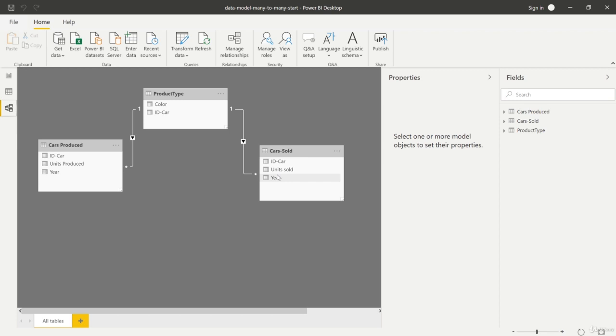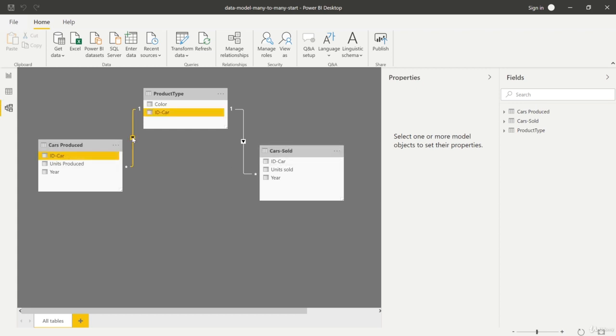And this worked perfectly because the fact table, as I call it here now, was able to retrieve information from the dim tables, and therefore our whole construct worked perfectly. Now we have a different problem though. Now our product type table here is not the fact or the center table, it's just a connector between these two tables. Because actually the ID car in the cars produced table and the ID car in the cars sold table, well, these two must communicate.